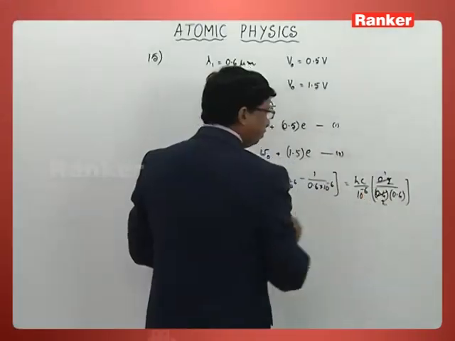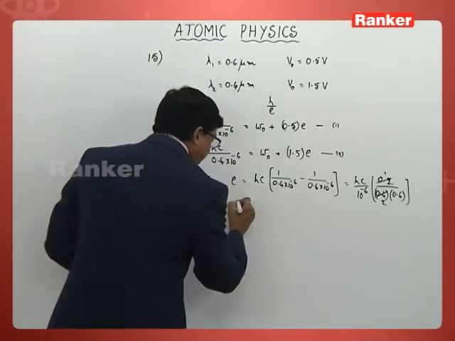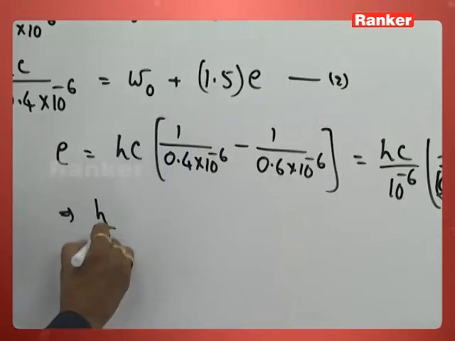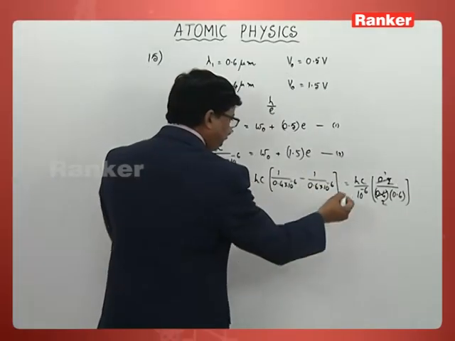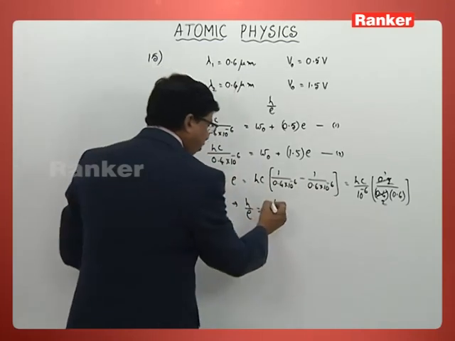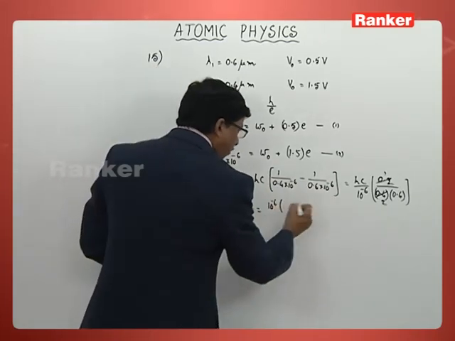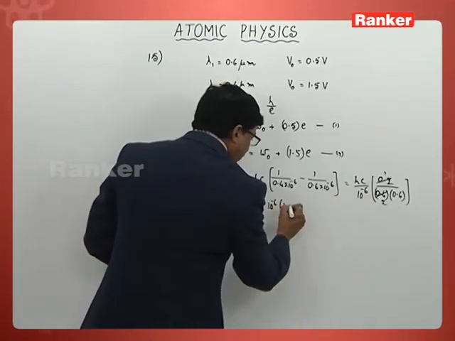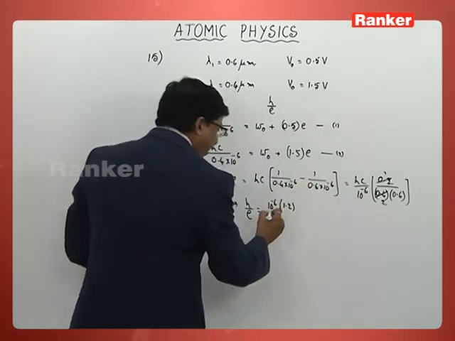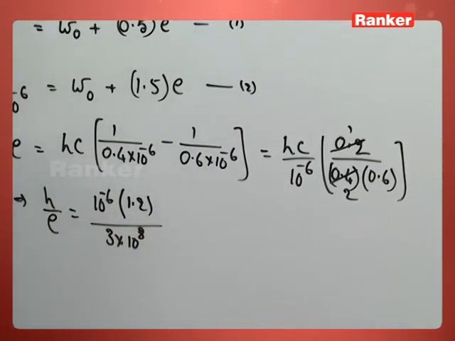This becomes 1.2. So what is left over? h by e, I just want h by e. So this 10 power minus 6 goes to the numerator, into 2 into 0.6, which is 1.2 again, divided by c, that is 3 into 10 to the power 8.